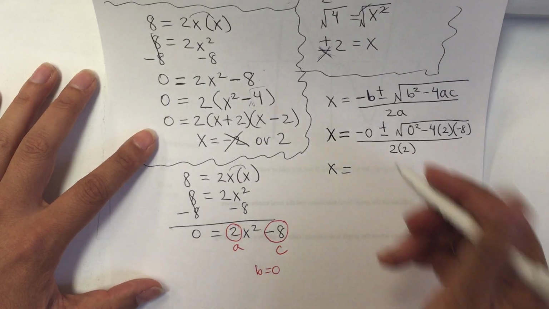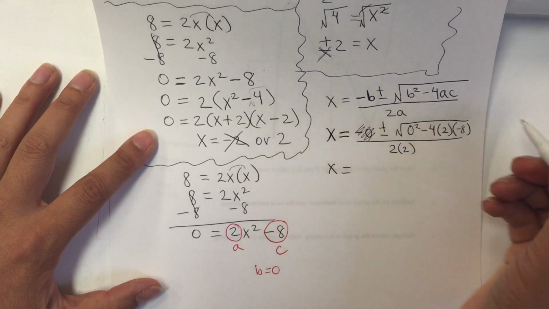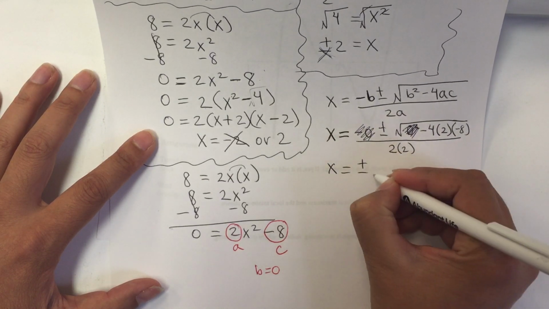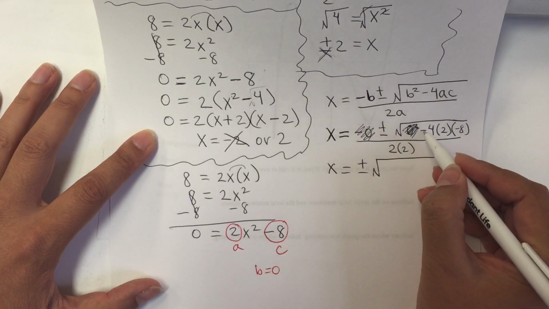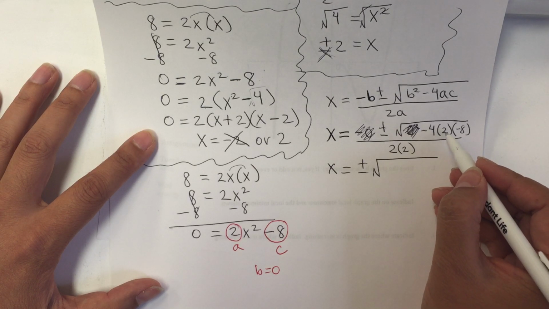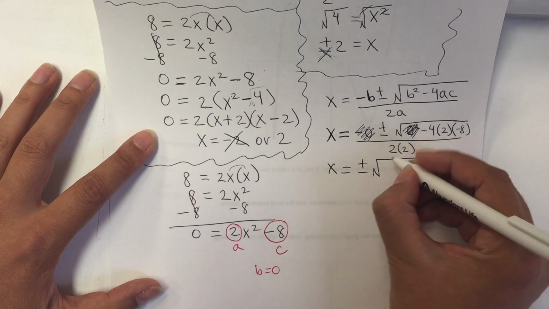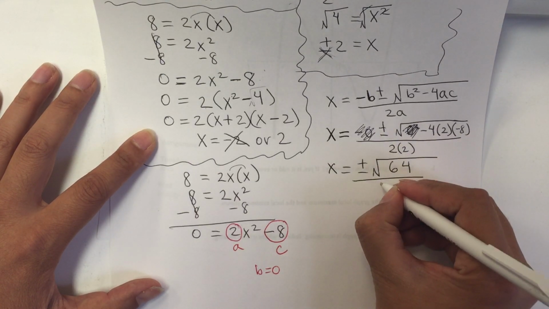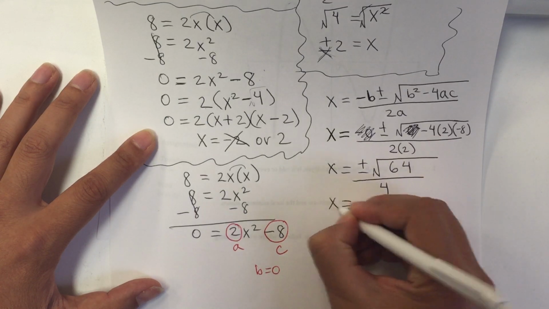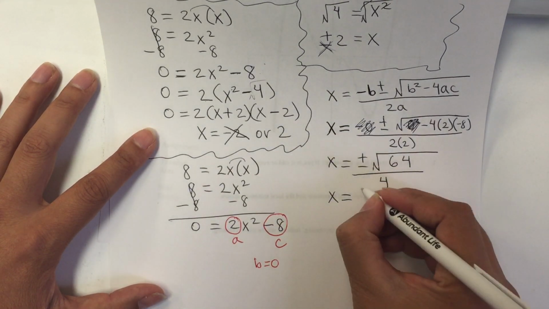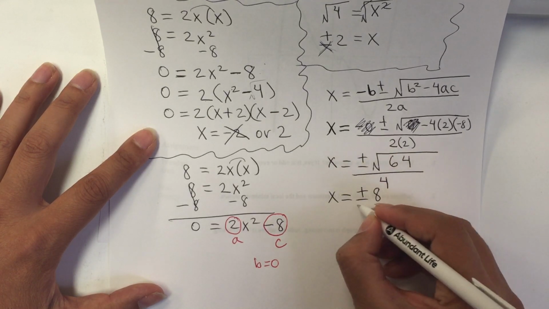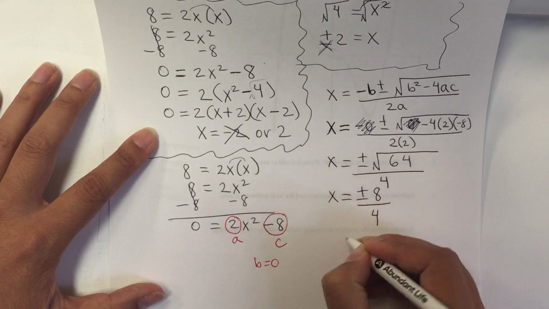x is equal to, when you have a 0 here, it disappears, and also this one won't affect, so it's plus minus the square root of negative 4 times 2 is negative 8. Negative 8 times negative 8 is positive 64, all divided by 2 times 2, which is 4. So we have plus minus the square root of 64 is 8 divided by 4.